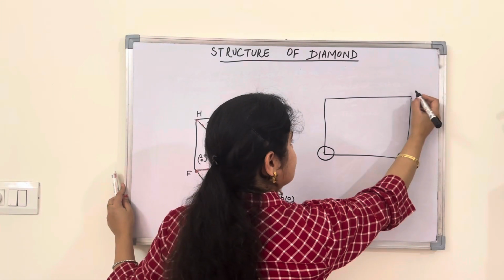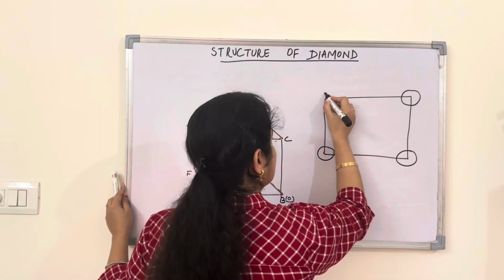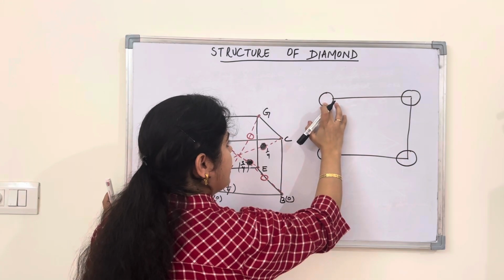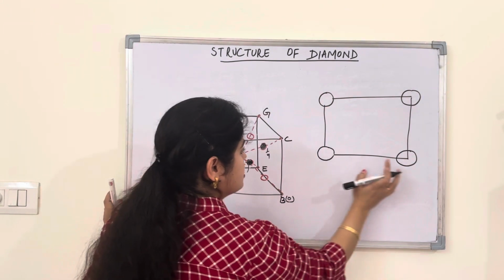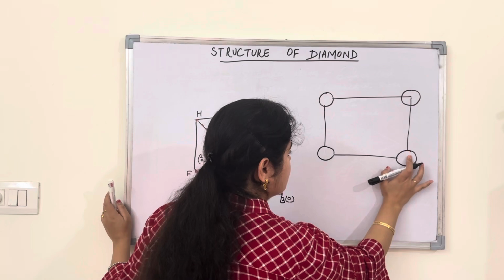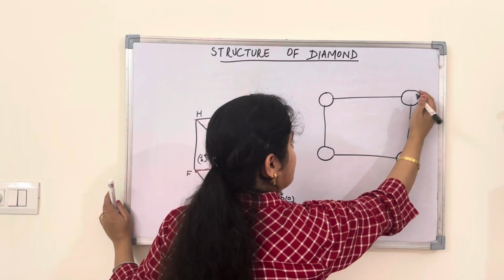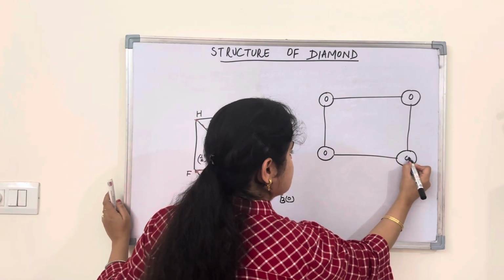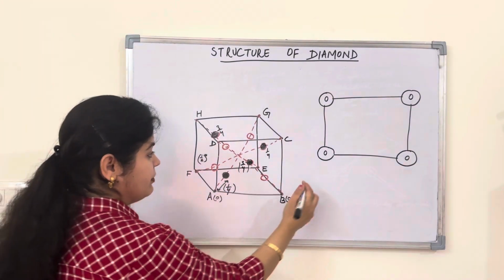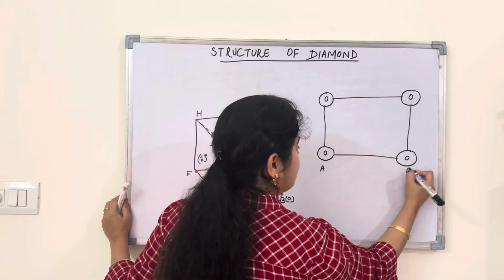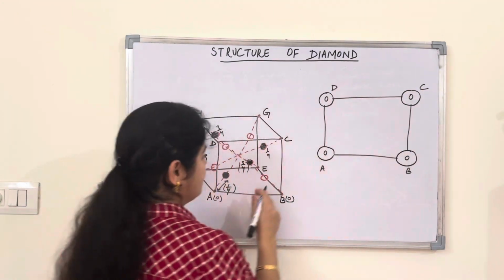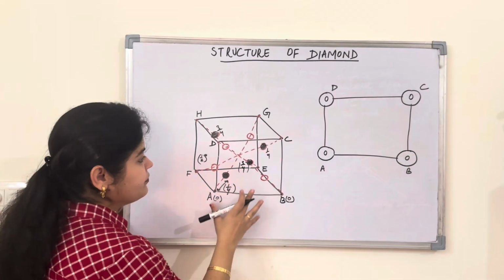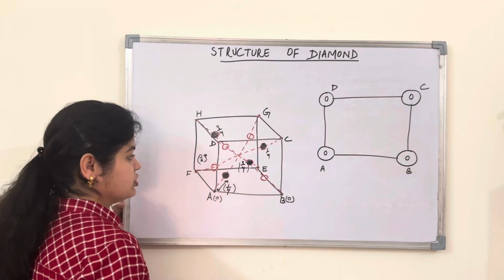So if I draw the corner atoms first, now the corner atoms are at the position 0. So I will denote these corner atoms by 0 position. Okay, so I am looking at this A, B, C, D face of my cube, and all the faces will look like this only. So these are at the 0 position.